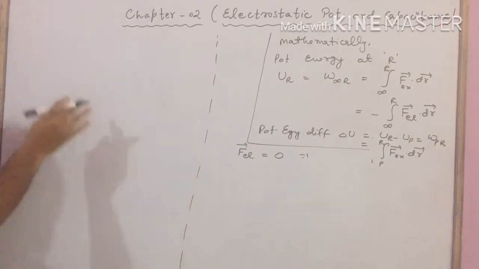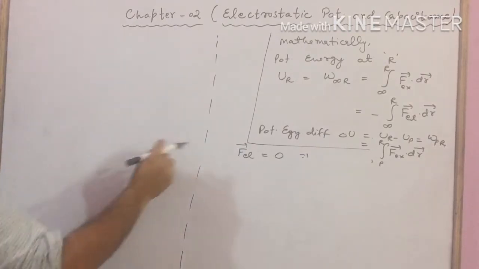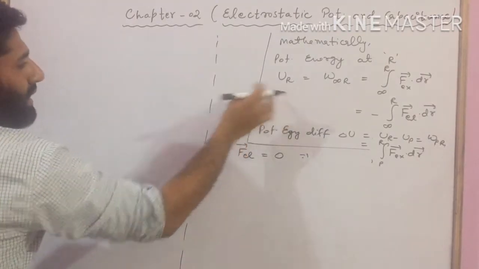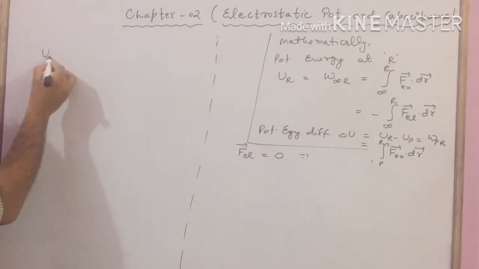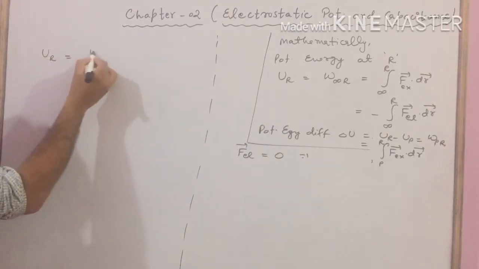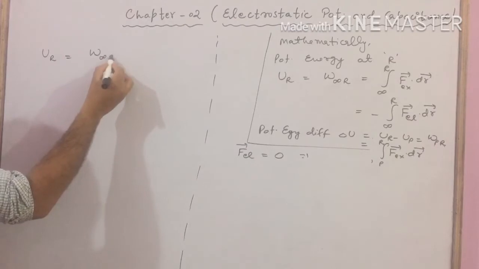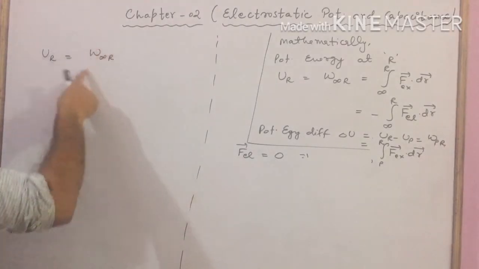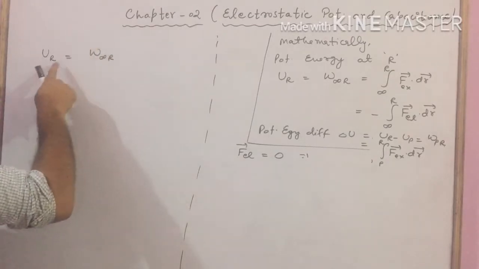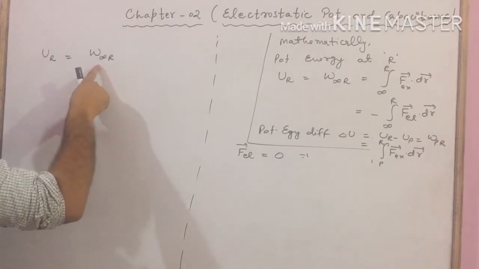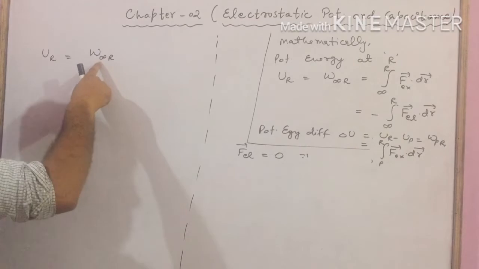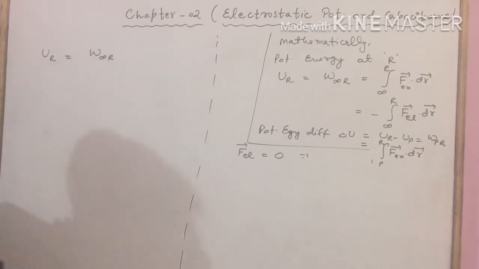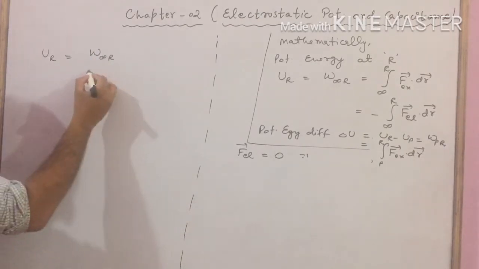One more important point we have to see from here. Suppose I consider this term, so potential energy at point R is work done in moving the charge from infinity to R. Infinity is the initial position, R is the final position. Does it depend upon the path?